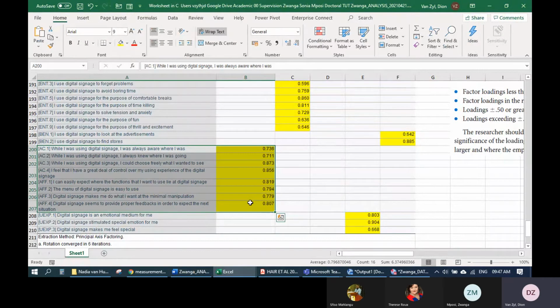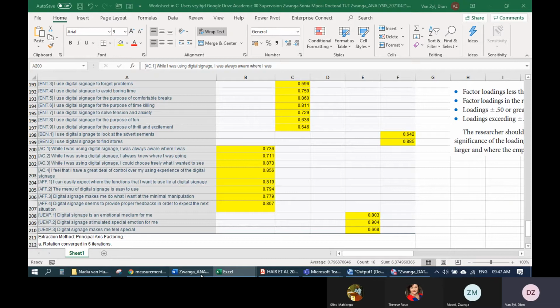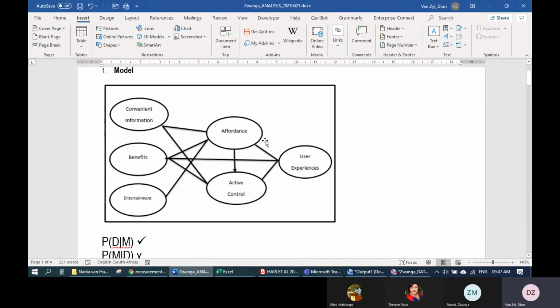So your contribution is also now to say, while we had this model that we proposed, given the evidence in the data, we are now proposing a new model going forward, where these two are seen as the same.